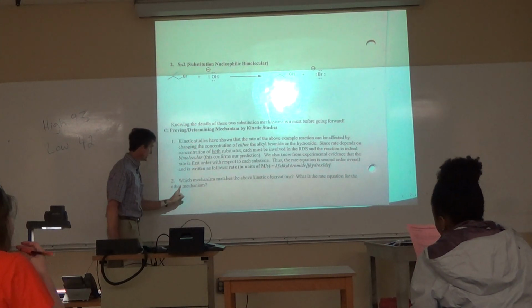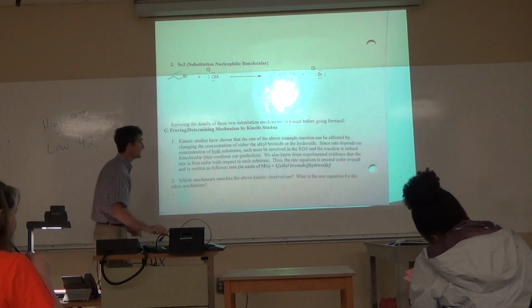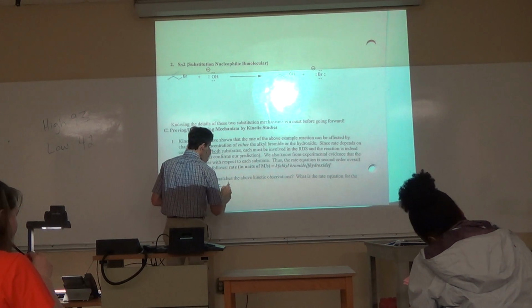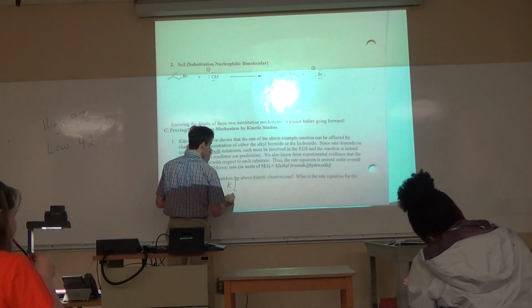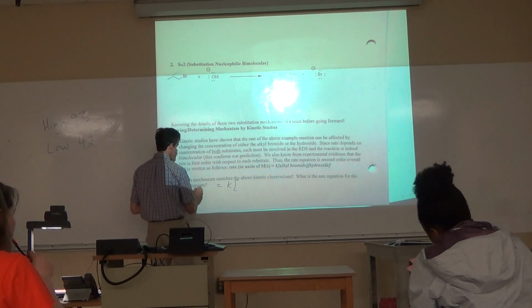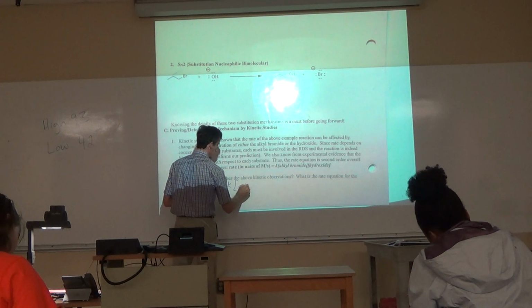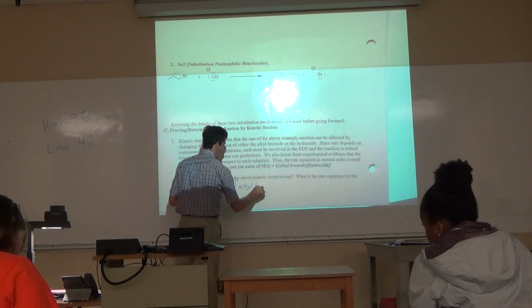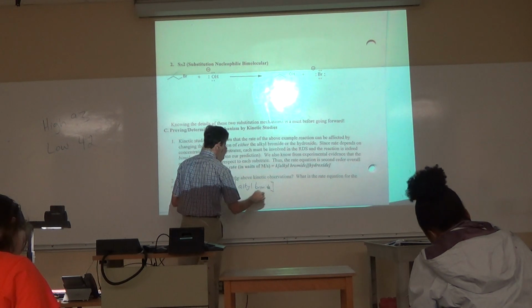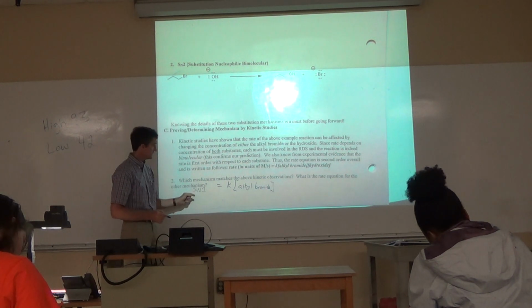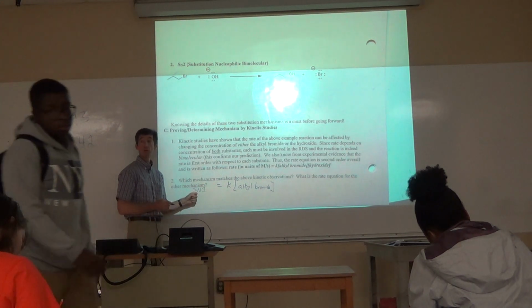What's the rate equation for the other mechanism, which is SN1? Some constant times what? The other one is SN1, right? Just the alkyl bromide. Is the hydroxide involved in the rate determining step of the SN1?